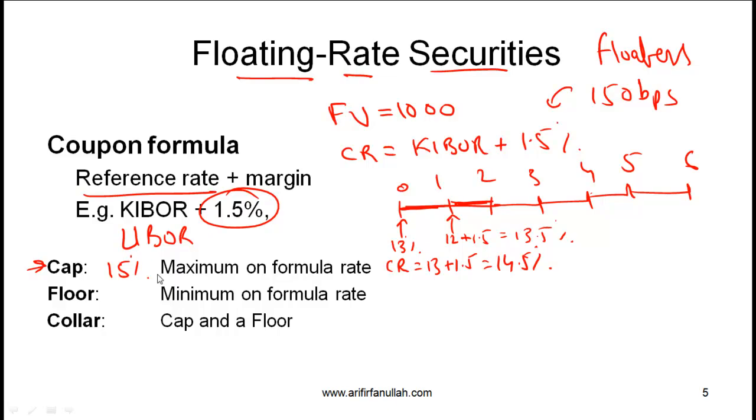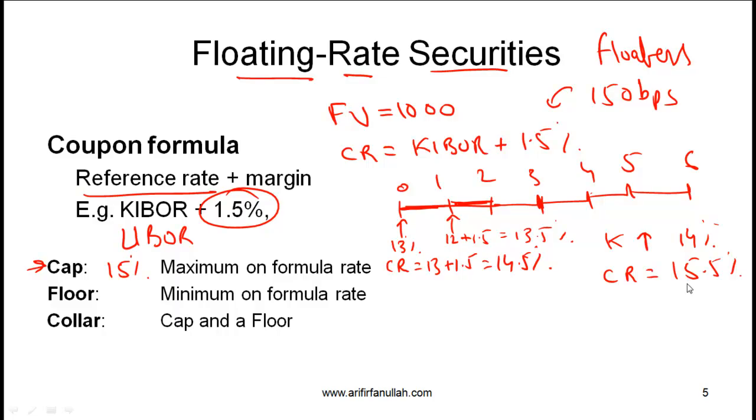This protects the issuer, because let's say that KIBOR keeps going up, and at the end of period 3, KIBOR has gone up to 14%. If this were a regular floating rate security without any cap, then the coupon rate would be 14 plus 1.5, which is 15.5%. This might be more than what the issuer can pay.